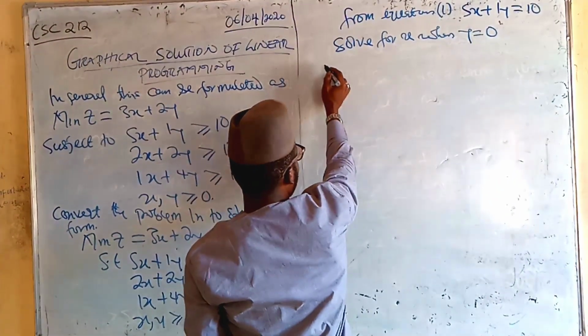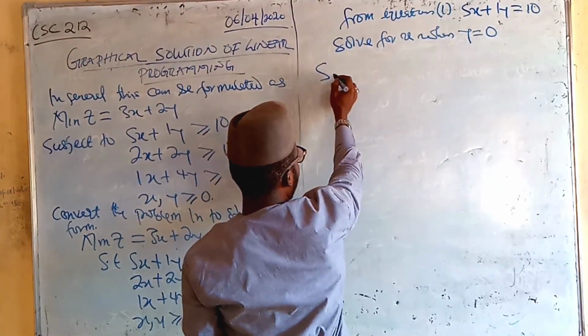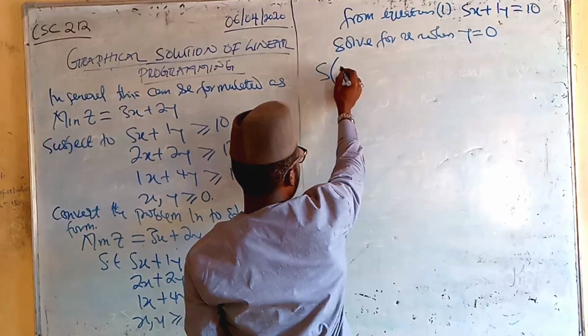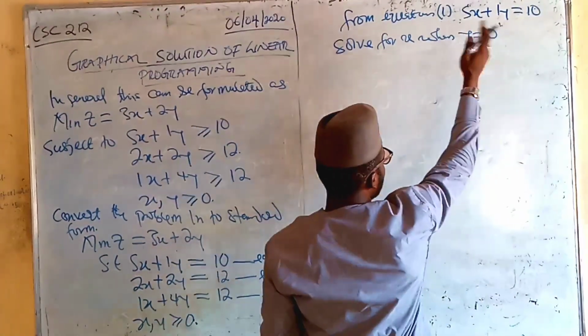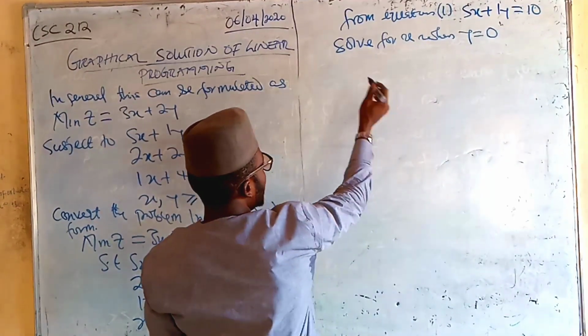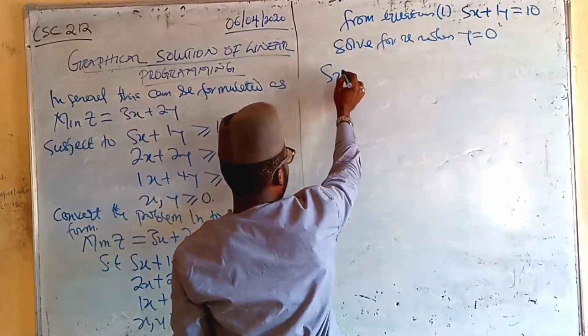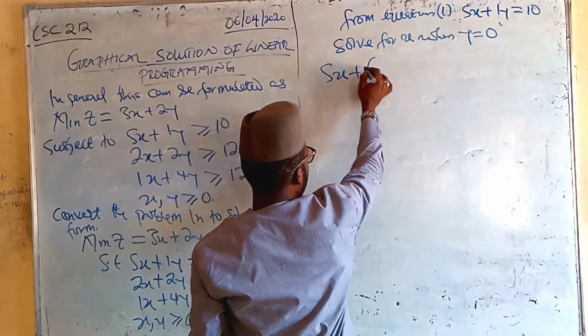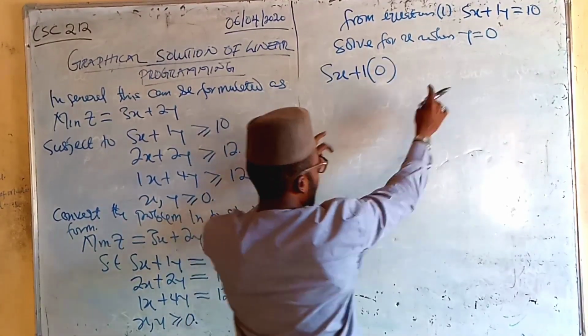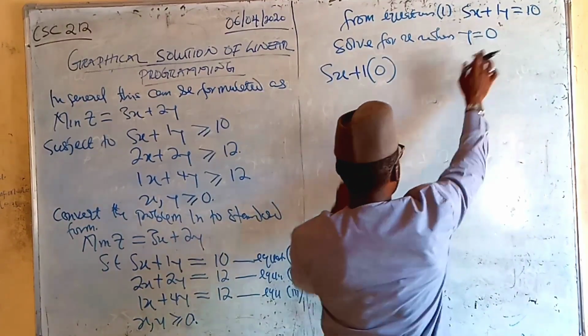So now, we are going to make x the subject of the formula. Then, we are going to say that 5x plus 1 into 0, that is, we have made y equals to 0.